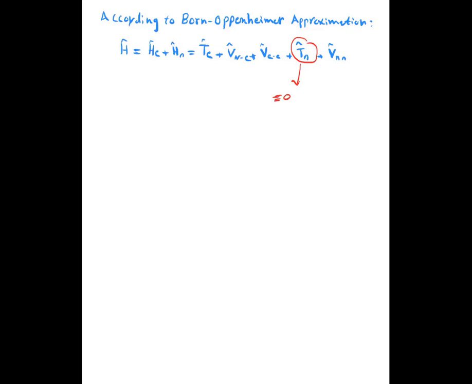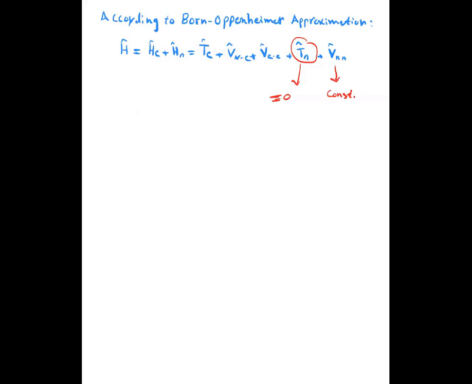So the kinetic energy of the nuclei equals 0. And the last term, the nuclear repulsion, is held constant. It can be easily calculated by the classical Coulomb potential, and this term will be added later to the total energy.